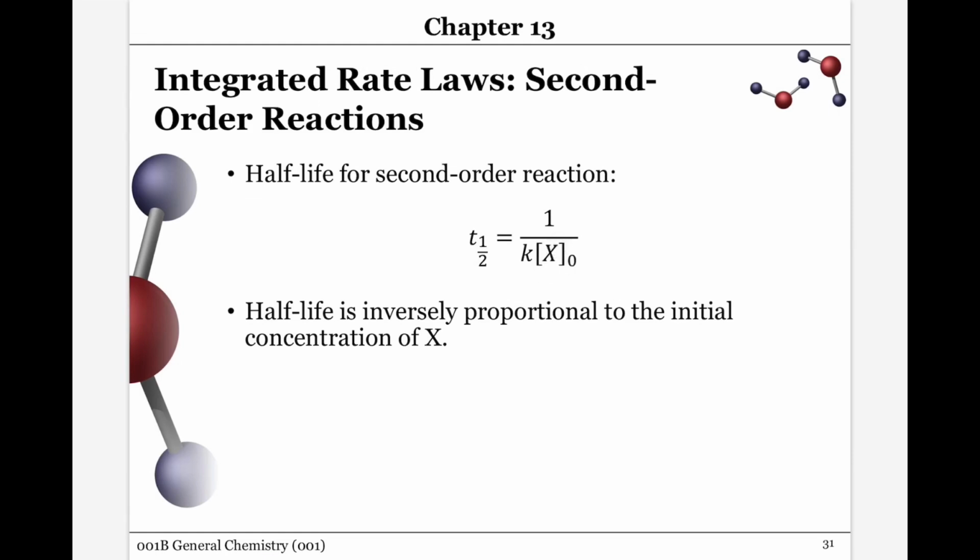So what we have to note here is that for our second order reaction, the half-life is dependent on the starting concentration, whereas for our first order reaction, t half only depended on the rate constant.